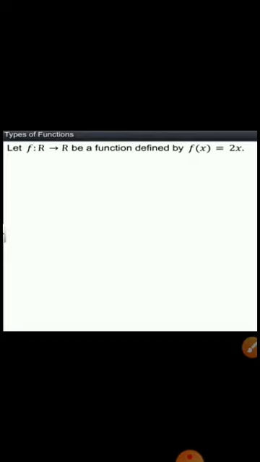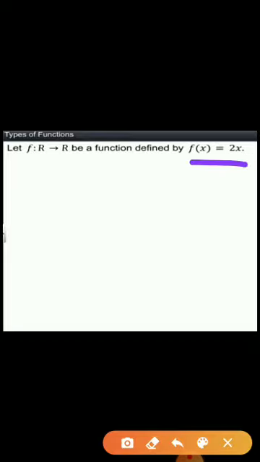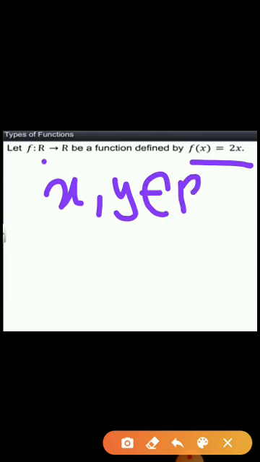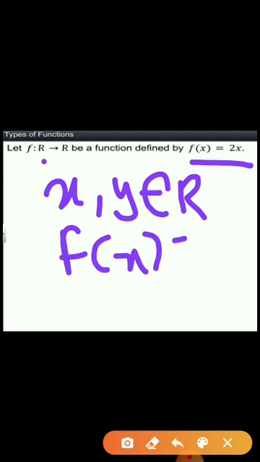Now suppose we have been given a function f of x is equal to 2x. I have to check whether the function is 1-1 or not. See, whenever the question is to check an injective function or 1-1 function, always take any two elements of the domain. Now here the domain is R. From the domain, consider f of x equal to f of y.